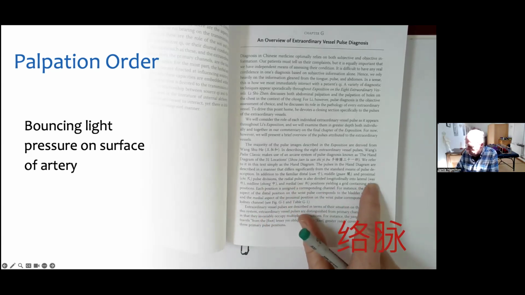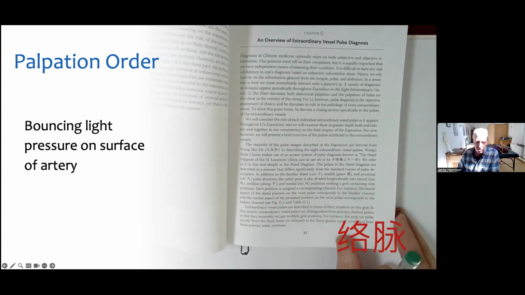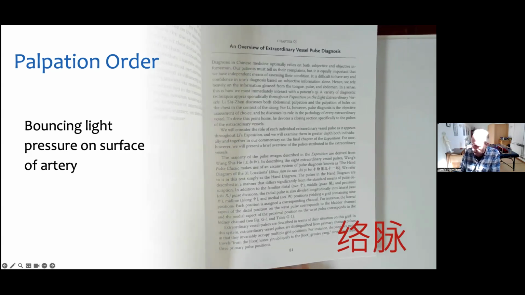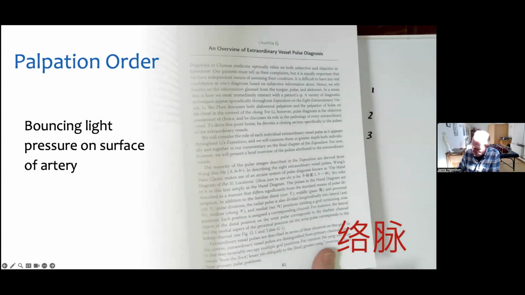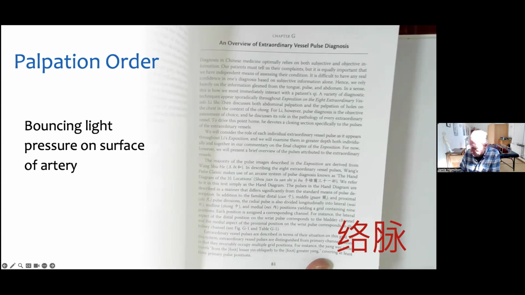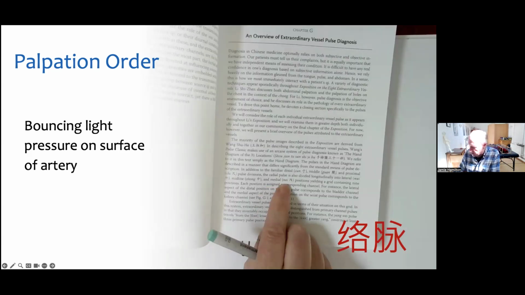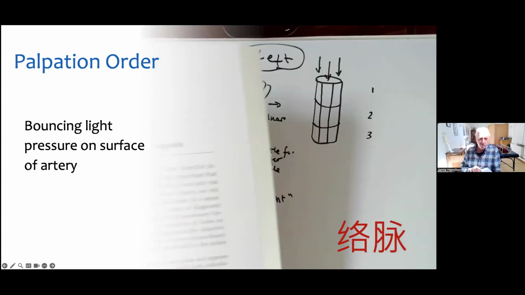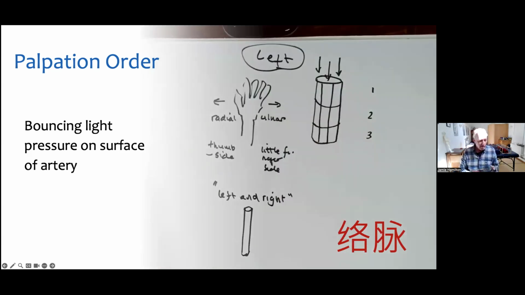And you might remember that triple burner 5 is called Wai Guan, outer. So wai means outer, zhong means center, and nei means inner. Nei Guan is inner gate. So just try to remember those terms. It's quite nice to know that there are different ways to describe this.